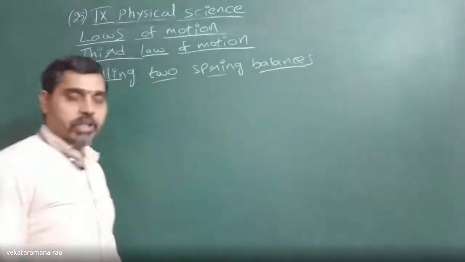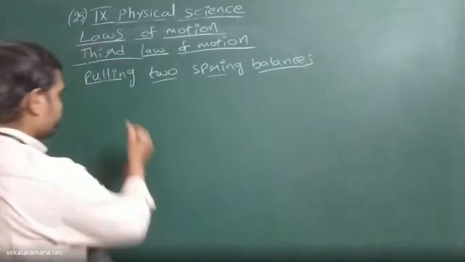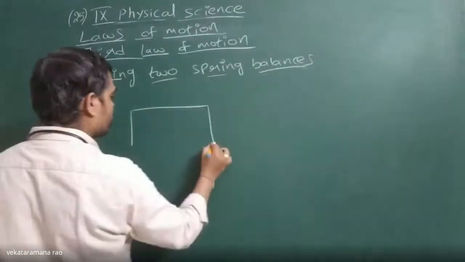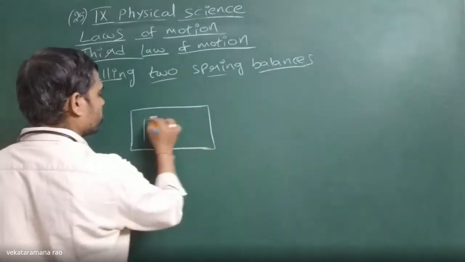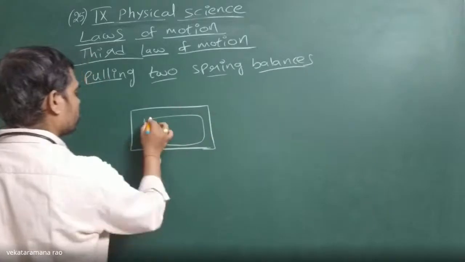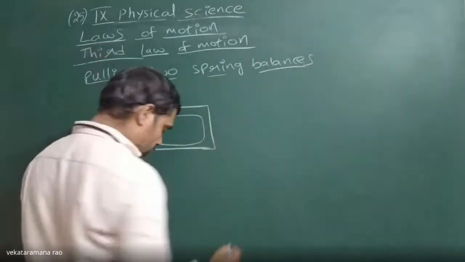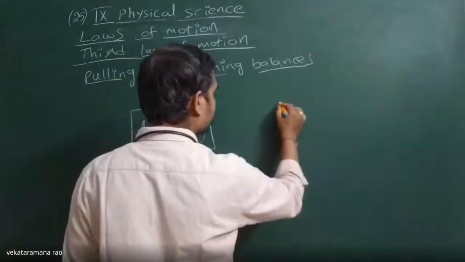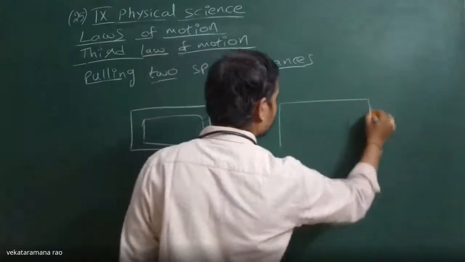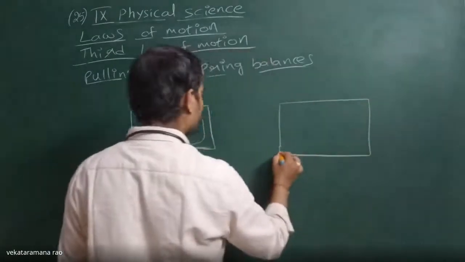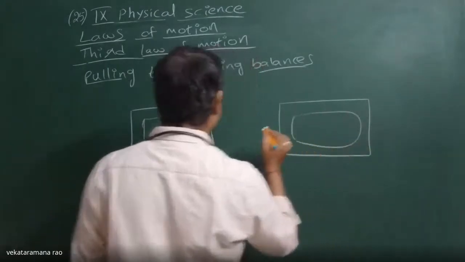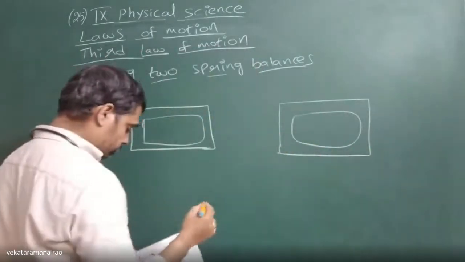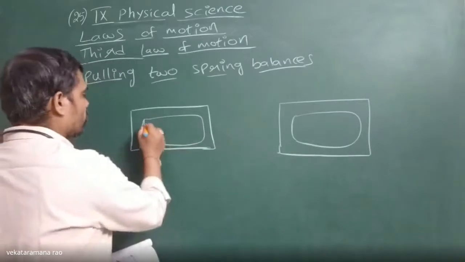We will take a spring balance, and we'll take another spring balance. Here we'll have a spring. First, one scale will be there.